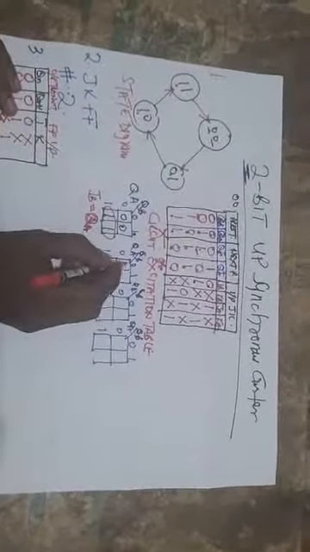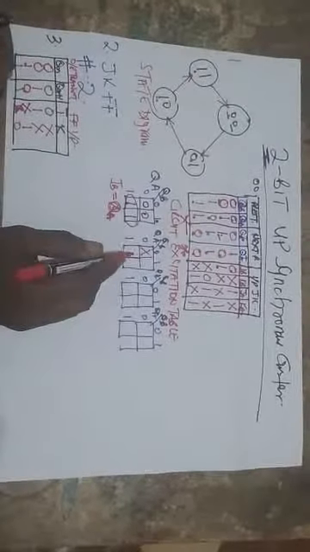Okay. So let's do the same for the K. So we are going to do for the K in this column. 0, 0 is what? Don't care. And then 0, 1 is also don't care.